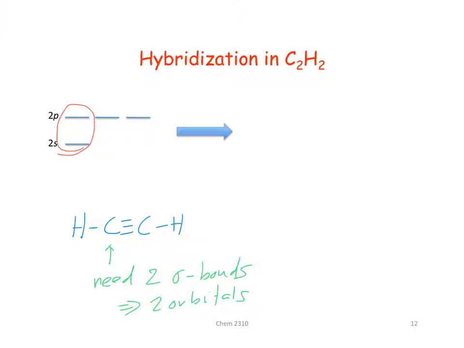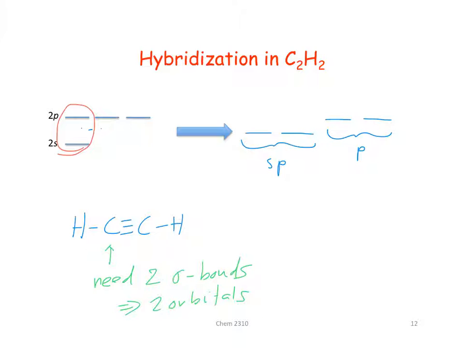We're going to create some orbitals that are called sp hybridized orbitals. Because it was 1 part s and 1 part p, it's going to be 50%, right in the middle of those two. We're going to have 2 of these sp orbitals, and we're going to have 2 p orbitals left over.